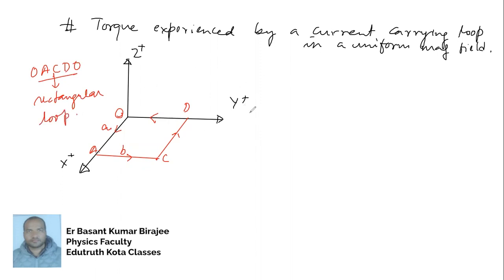And suppose we have a magnetic field here, and it is expressed in component form: Bx i plus By j plus Bz k. We have a magnetic field in this region, and we have a rectangular loop having current in anti-clockwise direction.